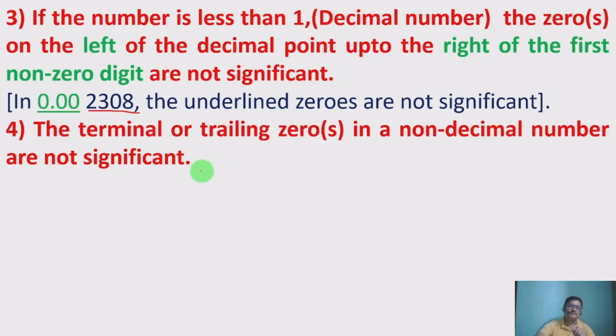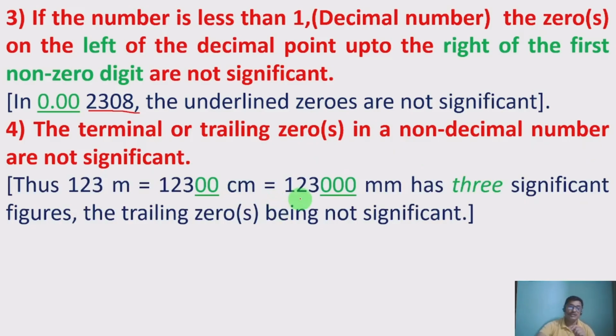Then the fourth one: the terminal or trailing zeros in a non-decimal number are not significant. Here, for example, take 123 meter. This can be written as 12300 centimeter or 123,000 millimeter.